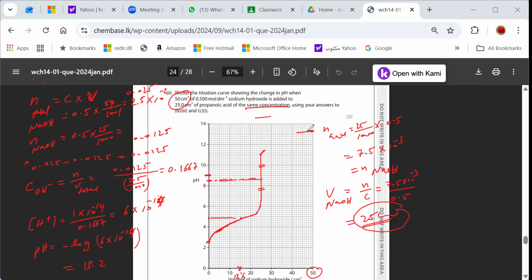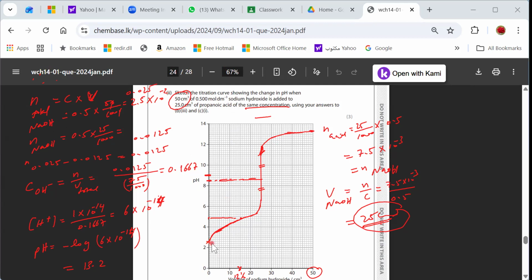Here we have an excess because there was more of the hydroxide than the acid, right? Yes, because the hydroxide ion is the one that you are titrating with. Let me revise once more. At the beginning, we got the pH of the ethanoic acid from a previous step.